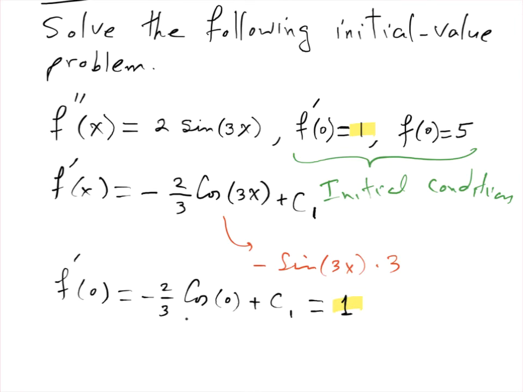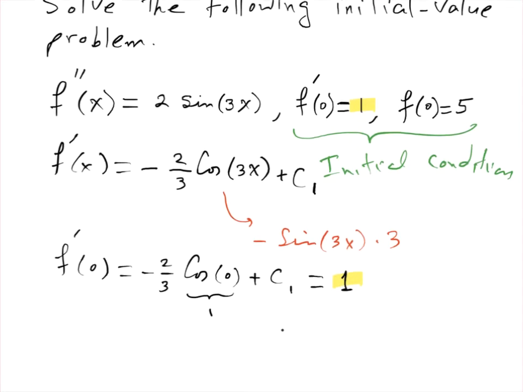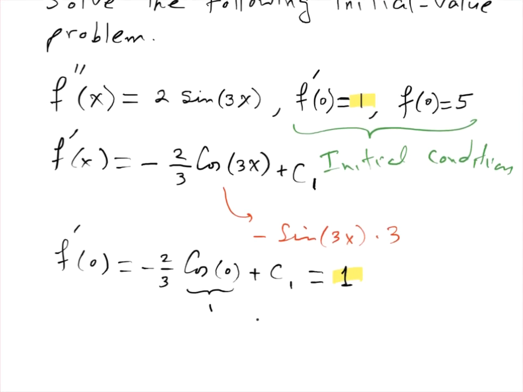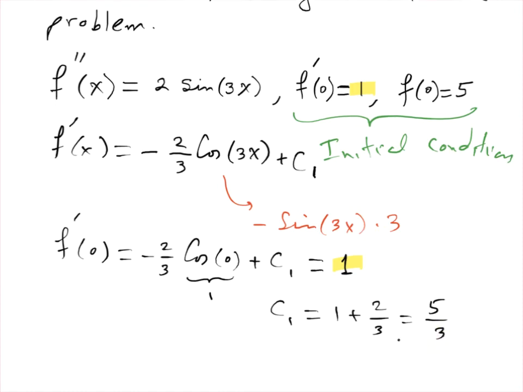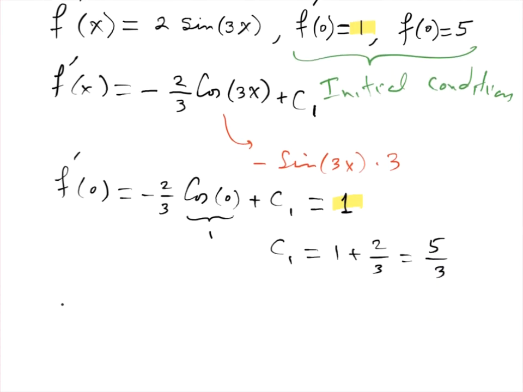Cosine 0 is 1. We know that from trigonometry, from the unit circle. So I add 2/3 to both sides, so C1 is equal to 1 plus 2/3, and this gives me C1 equals 5/3. Now I can rewrite f prime.